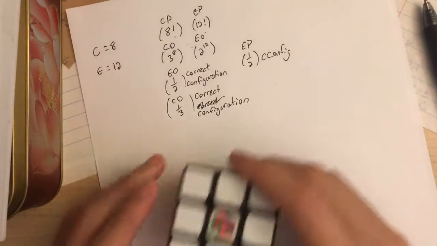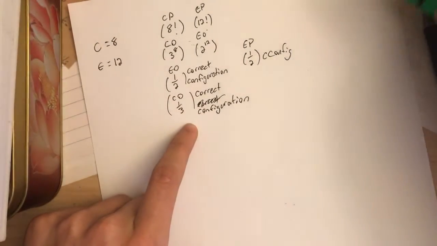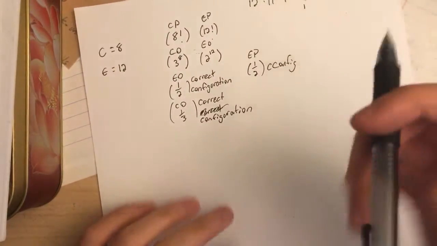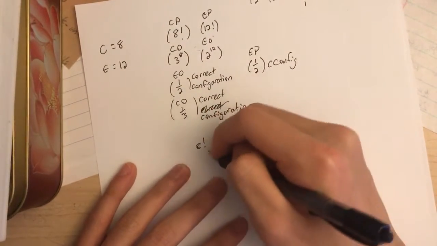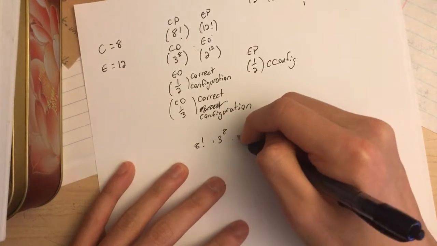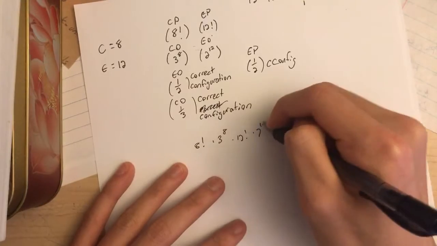Alright. So now we have established the number of ways we can solve a Rubik's Cube. And it's fun: 8 factorial times 3 to the 8th times 12 factorial times 2 to the 12th.